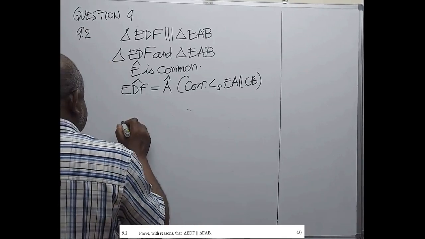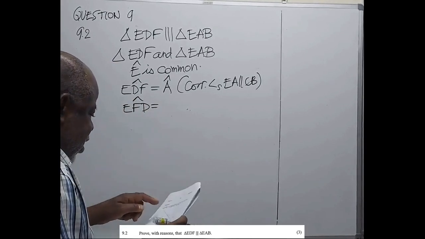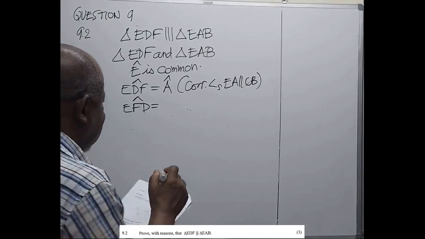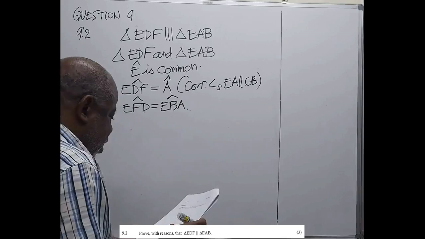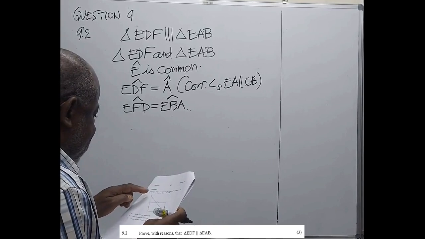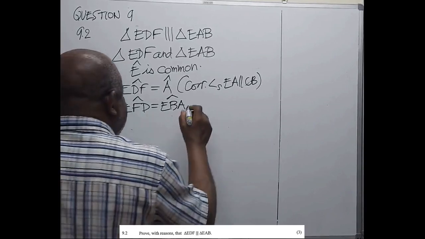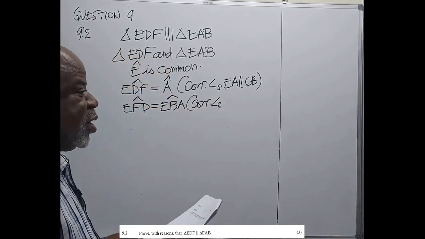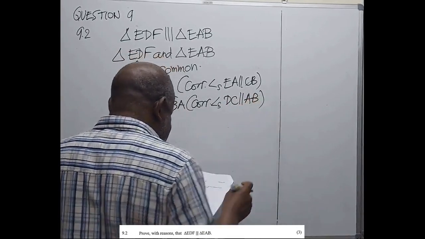And then if we consider angle EFD, this is going to be equal to angle EBA. Angle EFD is equal to angle EBA, for the same reason: corresponding angles are equal, because DC is parallel to AB.